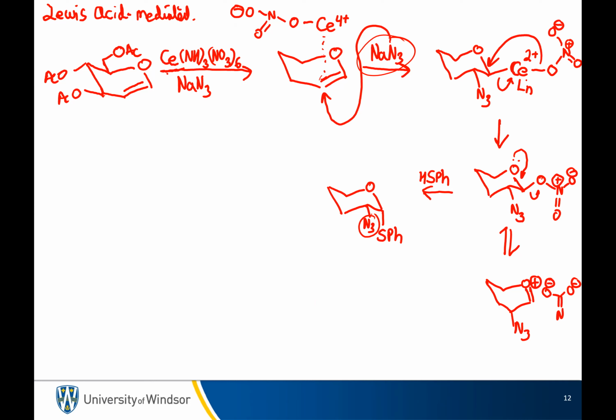But again, we have a glucose-like stereochemistry here. There's no real way around that. You can't make the mannose-like one that way. So let's say we want to make the mannose-like one.